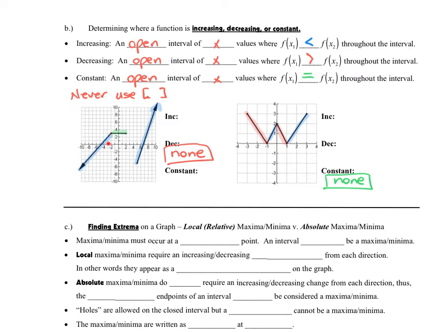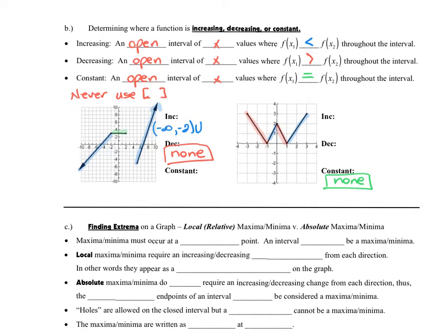So I'll say negative infinity to negative 2. And remember, they have to be open, so they have to be parentheses. I'm going to join that with the next interval that starts at an x value of 5 and continues also to infinity.